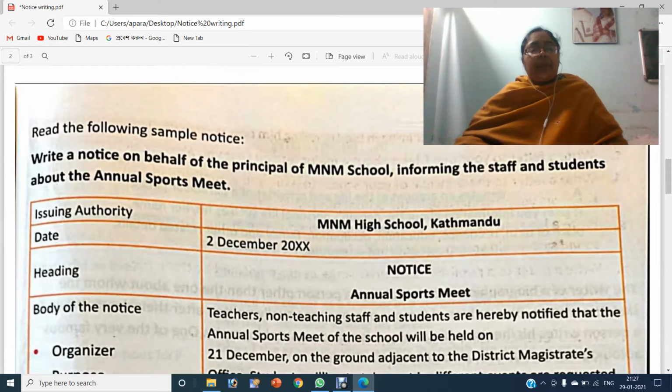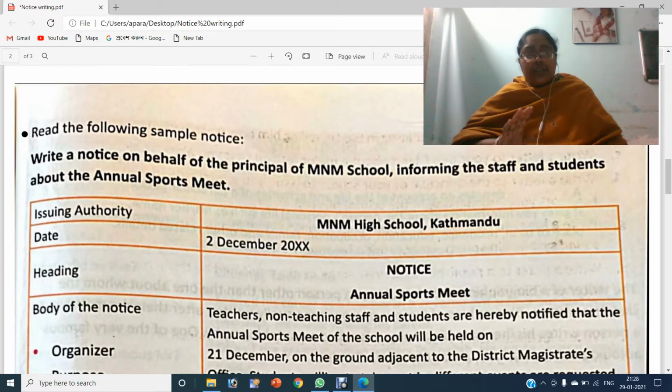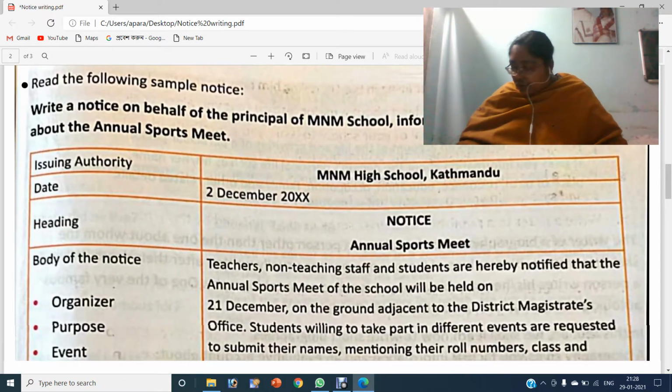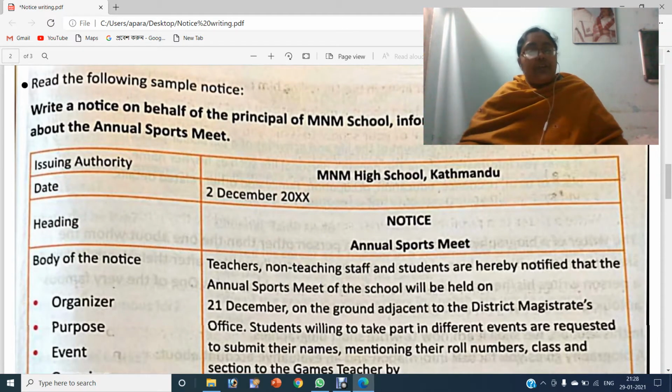Here is the format. Just see what is written up there. Read the following sample notice. This is given in your book. If you follow your book to page number 225, you can find it there.